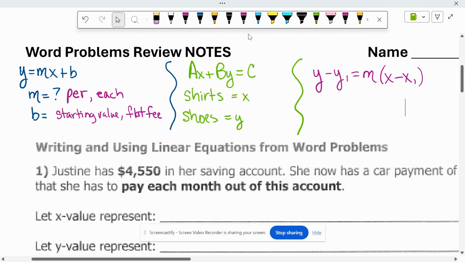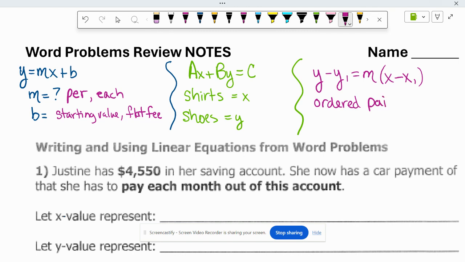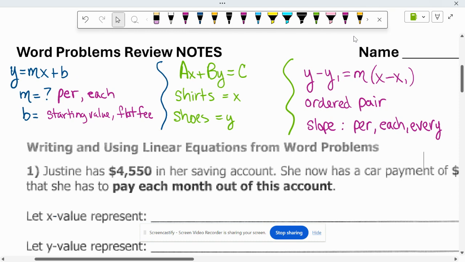So that means I need an ordered pair, and I need to have my slope, which again is represented by the word per, each, every. Okay. So that'll help you hopefully decide what type of equation you're going to write. We're going to use all three of them today within these four examples.